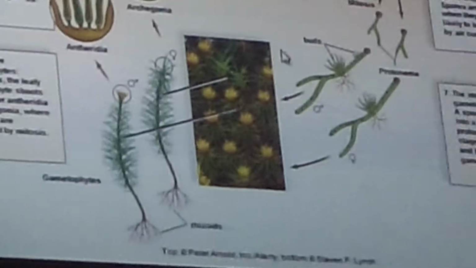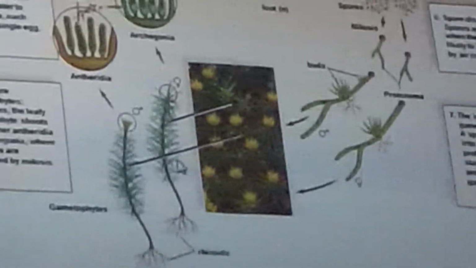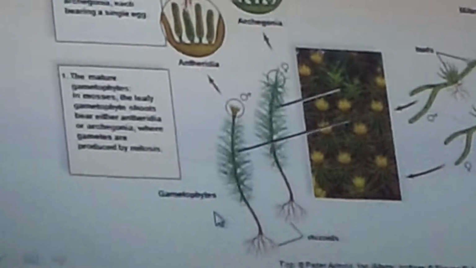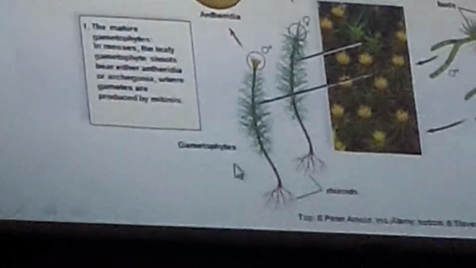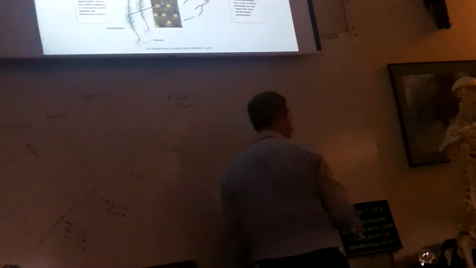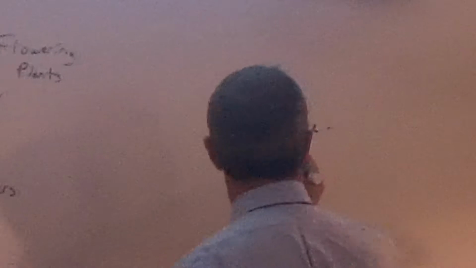And coming off of that branch are the little moss, what we call gametophytes. That's a word you need to know. Yeah, they're coming off the branches. A gametophyte is the plant.